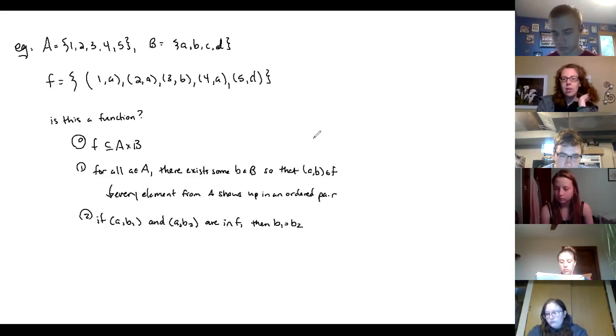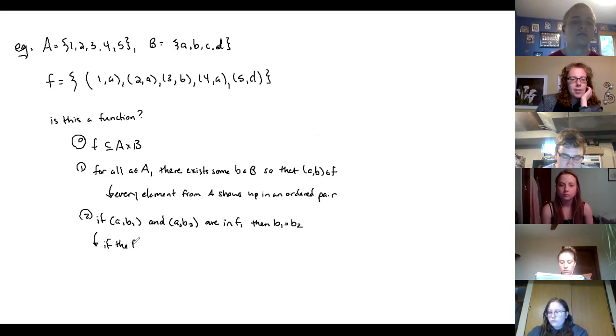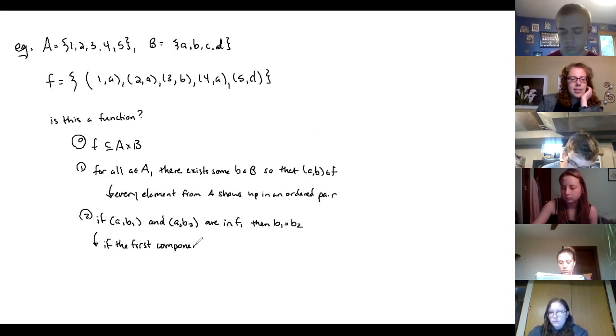That was my second requirement for a function. Do I have, and again, another way to say this is, if the first component is the same, then the second component is the same.